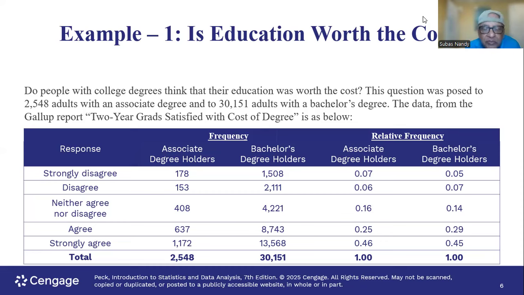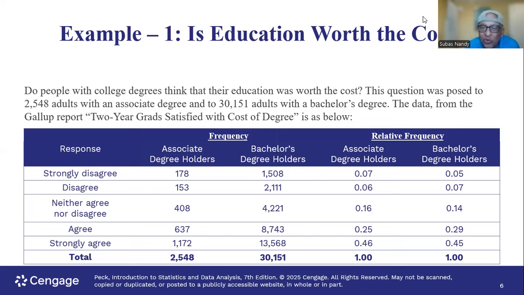Then you have the second column for associate degree holders, responses in each category. The third column is bachelor's degree holders, and again responses in each category. The last row, which is in bold, is the total number of students in each of the associate degree and bachelor's degree groups.